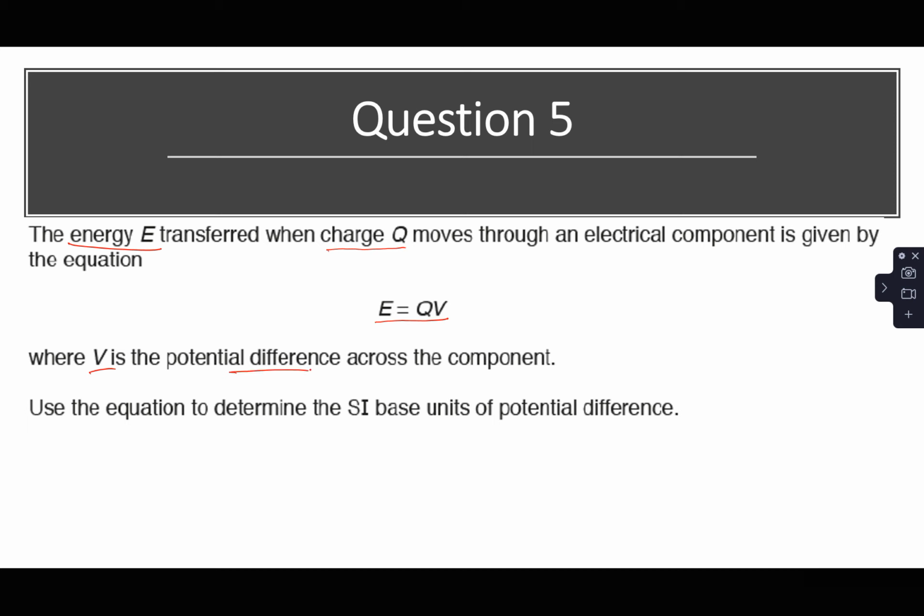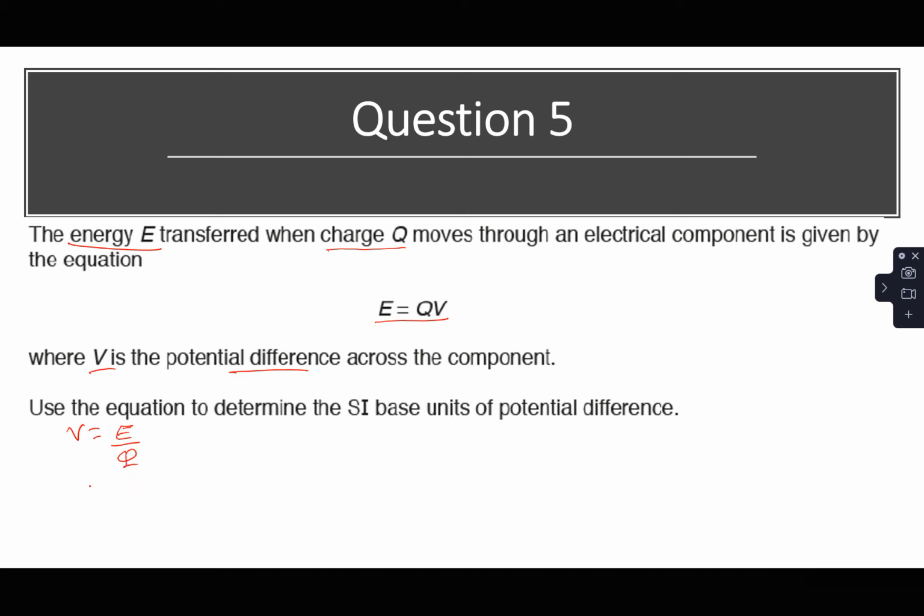I think we define potential difference as the energy converted from electrical to thermal energy per unit charge. We are familiar with that formula. So use the equation to determine the SI base units of potential difference. So I just simply make V the subject. V is going to be equal to E divided by Q.